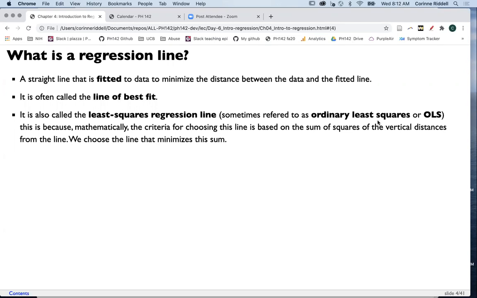We're not going to talk too much about the mechanics of the actual algorithm that's used to fit that line in terms of its position in the cloud of points and its slope. But what least squares is saying is that there's a squared distance between each point and the line, and you want to minimize that area. And that's kind of how it's done.